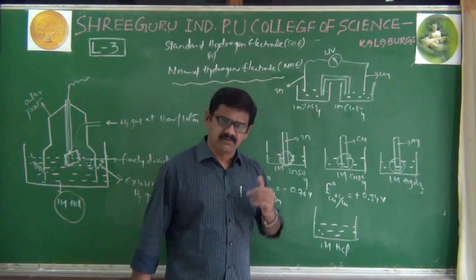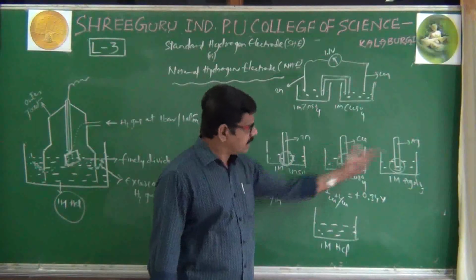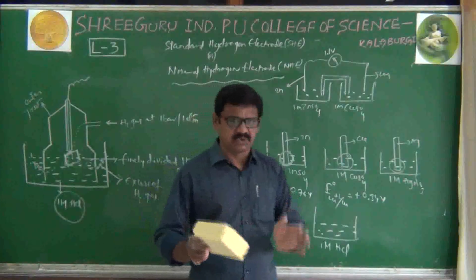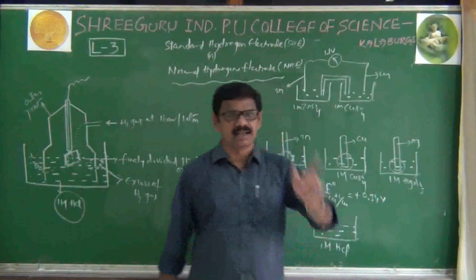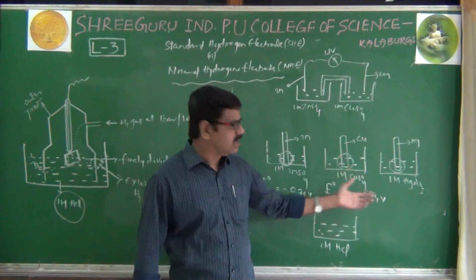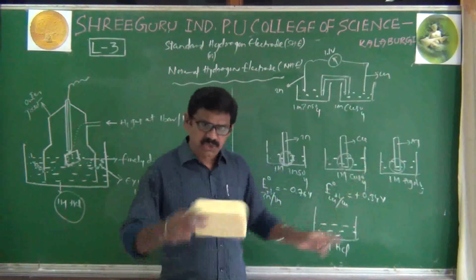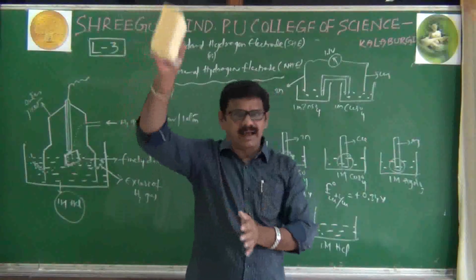For that purpose, any of these electrodes, this one, or that one, or even a silver electrode, whatever it may be, should be connected to another electrode whose potential is already known.